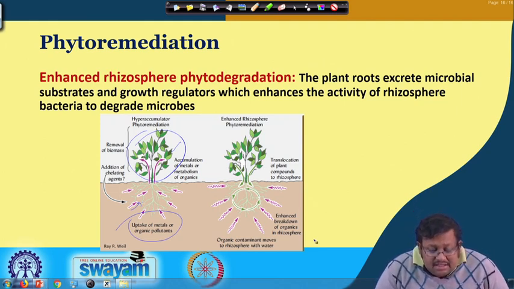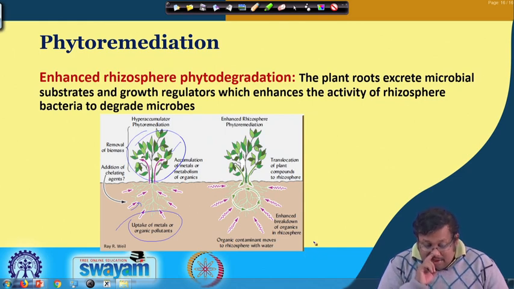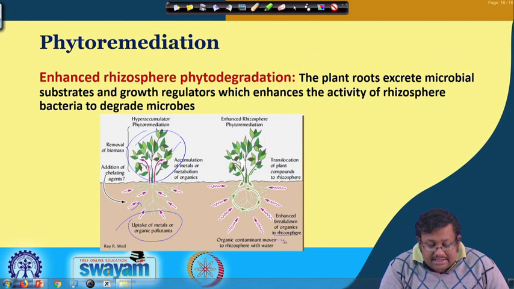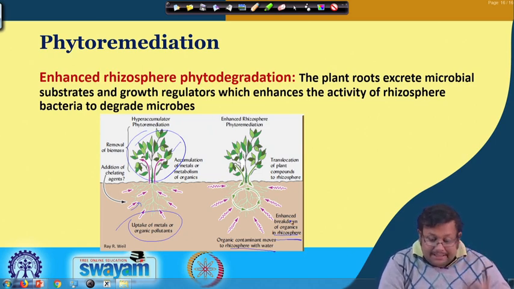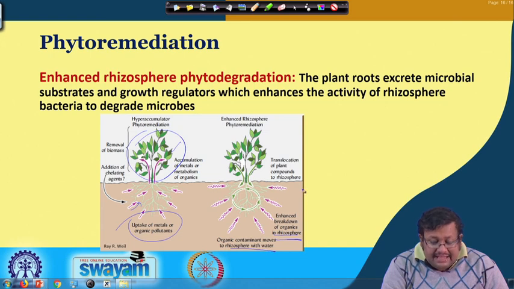So another is enhanced rhizosphere phytoremediation, and obviously you can see translocation of plant compounds to the rhizosphere. So enhanced breakdown of organics in the rhizosphere, and organic contaminants move into the rhizosphere with water, and ultimately it shows the enhanced rhizosphere phytoremediation. So in this case basically translocation of plant compounds into the rhizosphere, and this enhanced breakdown of organics happens in the rhizosphere zone.